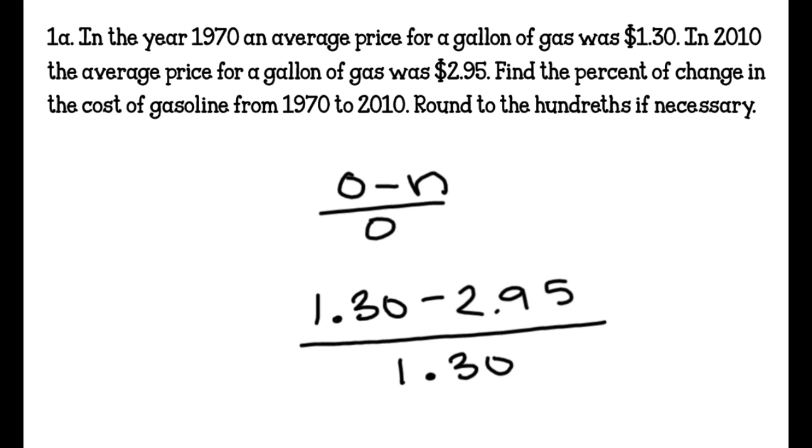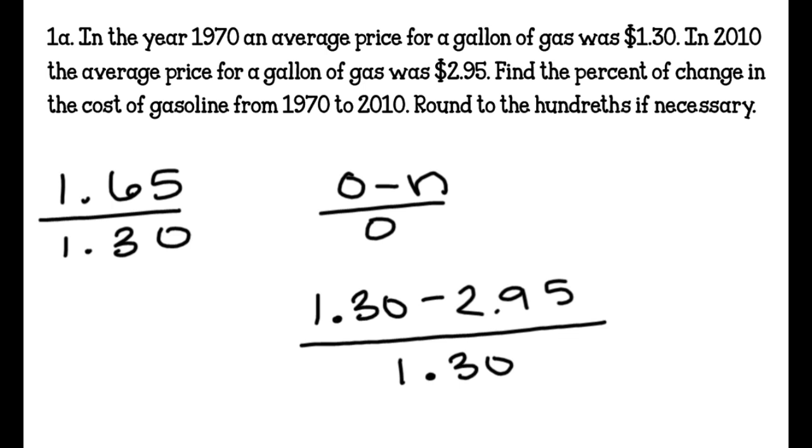So you take 130 minus 295 and that gets you negative 165. But we're just going to use the absolute value, so we're going to do 165 divided by $1.30 because that's the original.